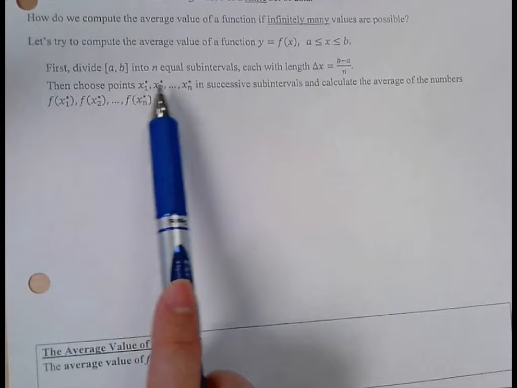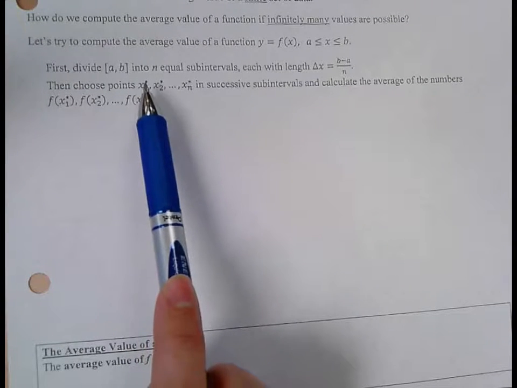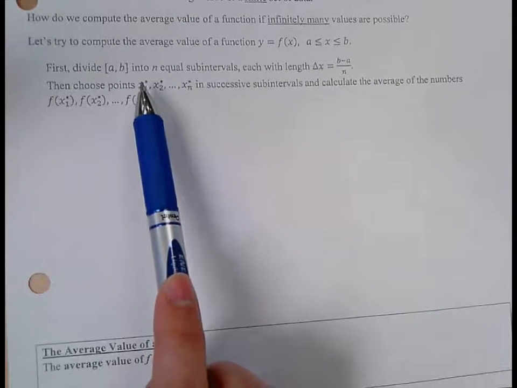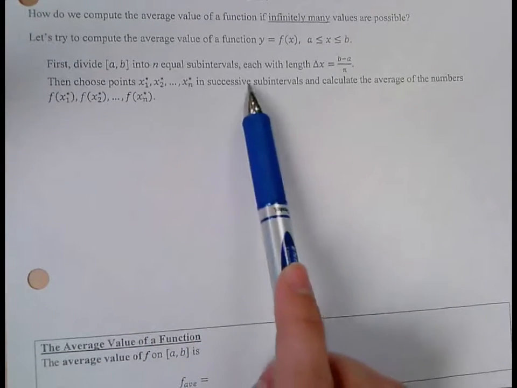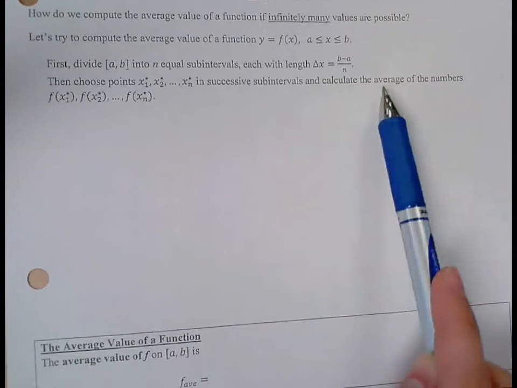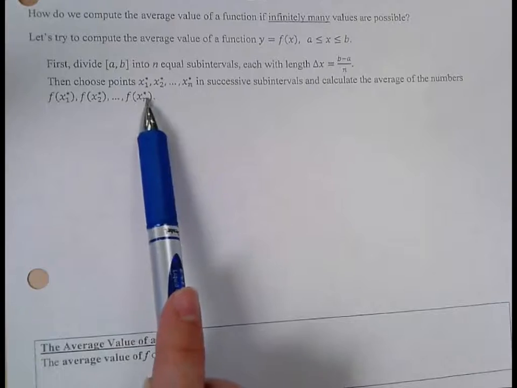Then we choose sample points, where x sub 1 star would be any x value in the first interval.